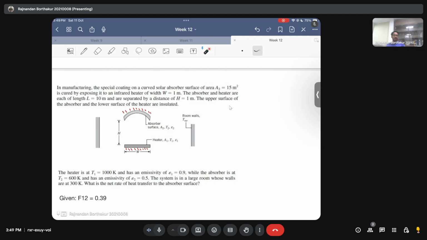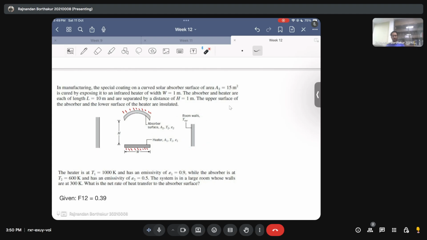Nevertheless, there are multiple ways through which you can get to the answer of this problem, but we will stick to using the radiation network analysis. Okay. To this end, you can realize that this is going to be a three body problem, at least because there is a heater and an absorber, and also there is a surrounding which we will consider as the third body.